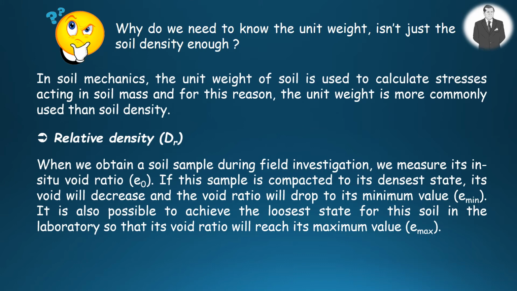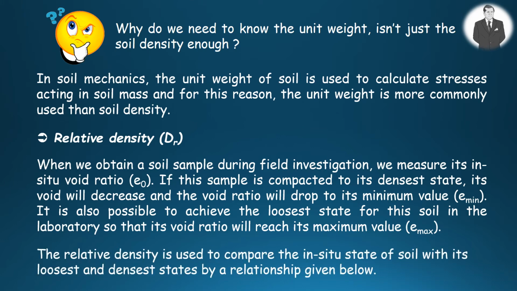It is also likely to attain the loosest state for the soil in the laboratory so that its void ratio will reach its maximum value. The relative density is used to compare the in situ state of soil with its loosest and densest state by a relationship.